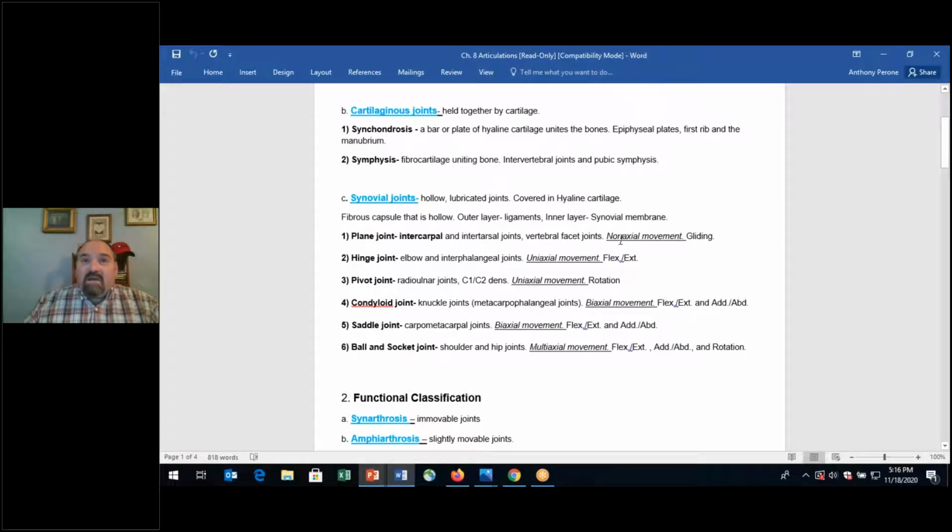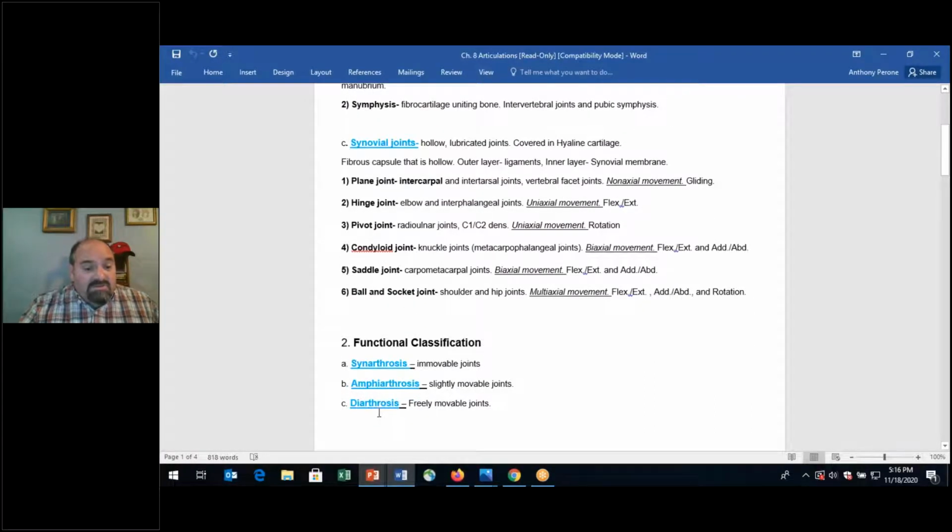In the PowerPoint you're going to see examples of these synovial joints, and you can also do a Google search for synovial joints and see videos and images of these different types. These have the most movement allowed, so they are diarthroses, diarthrodial, very freely movable joints.